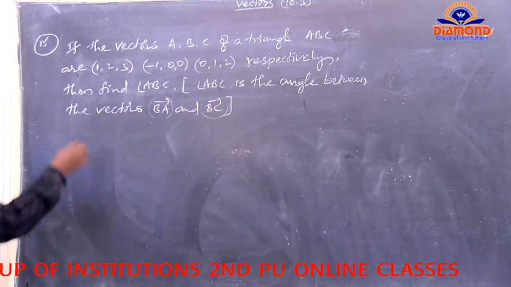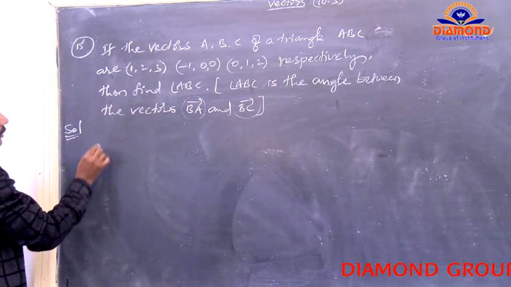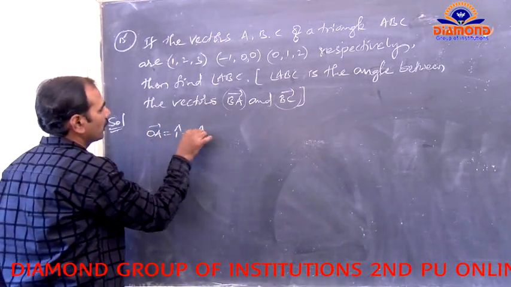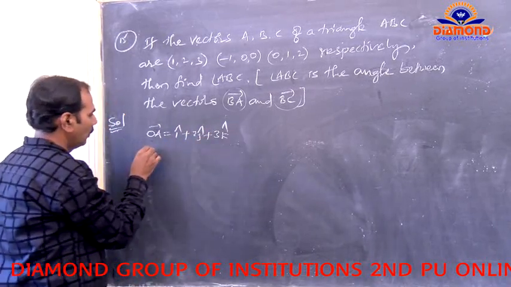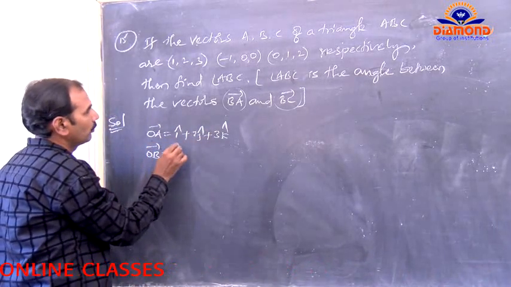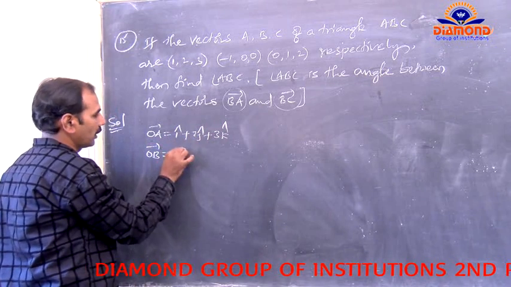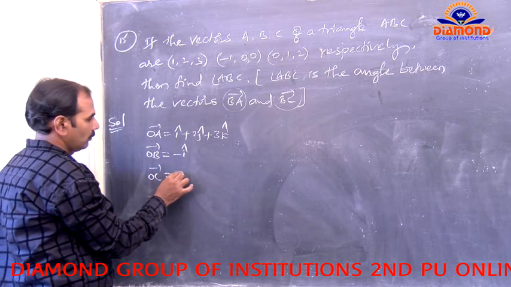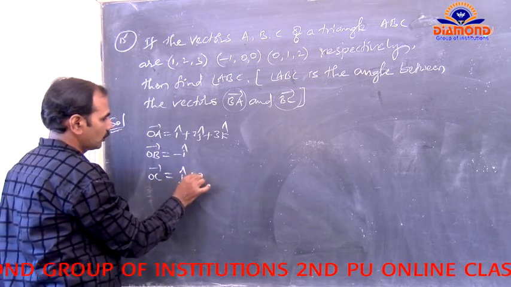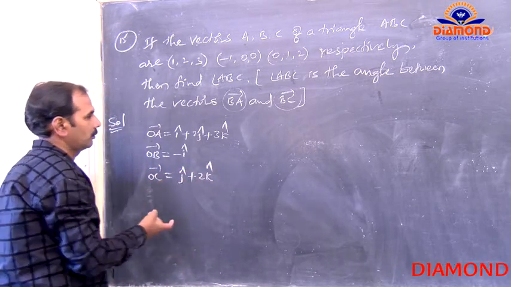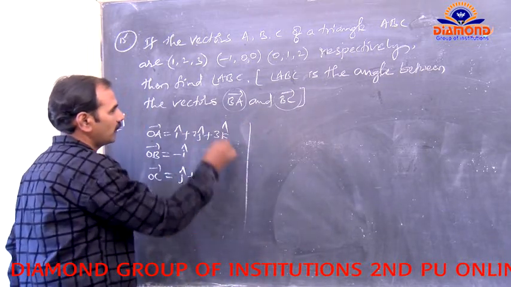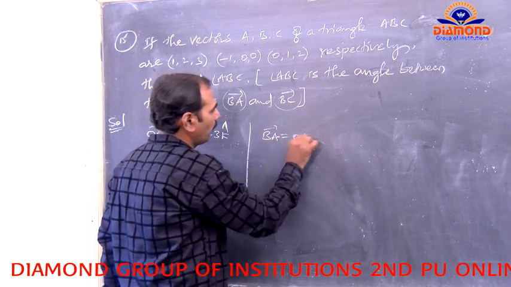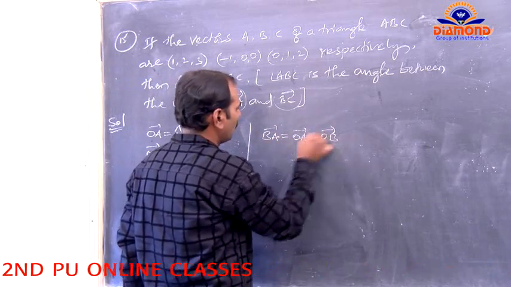So first of all, you write the solution. OA bar equals i cap plus 2j cap plus 3k cap. OB bar equals minus i cap. OC bar equals j cap plus 2k cap. So first you calculate BA bar. BA bar is nothing but OA bar minus OB bar.